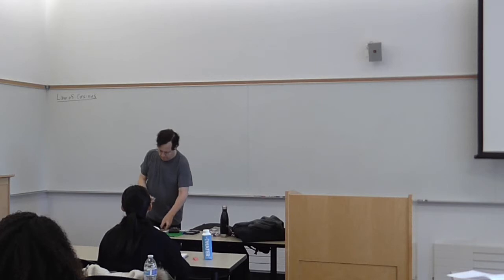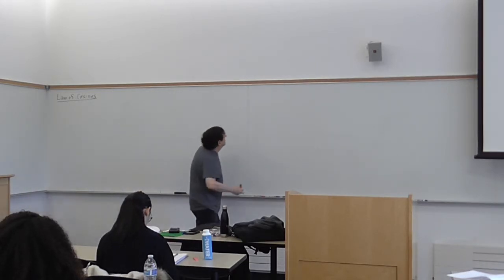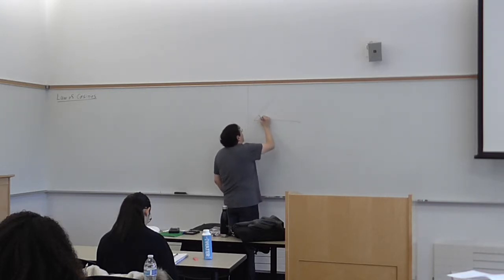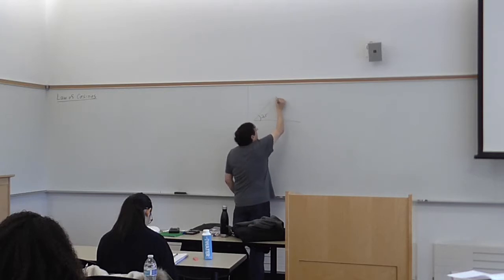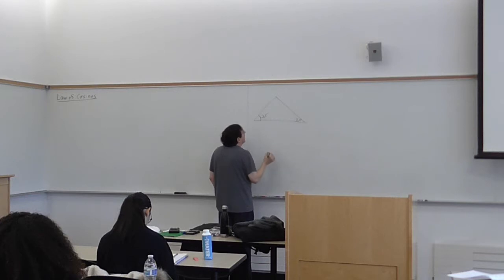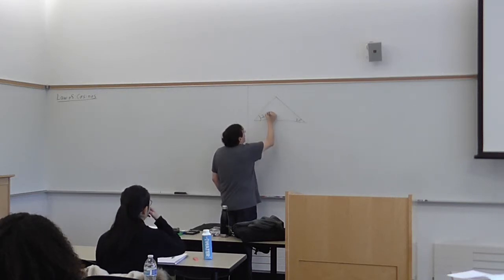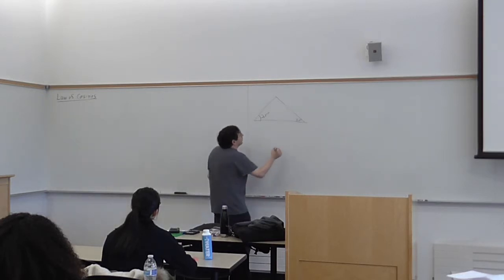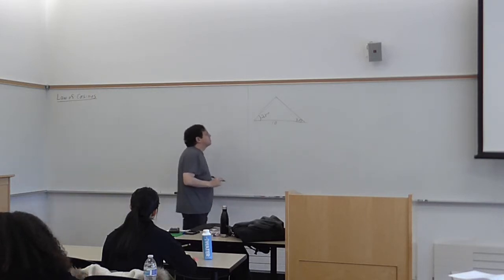Okay, so say I have a triangle and I know that the angles are 25 and 32 degrees, and I know that this side here is 10.